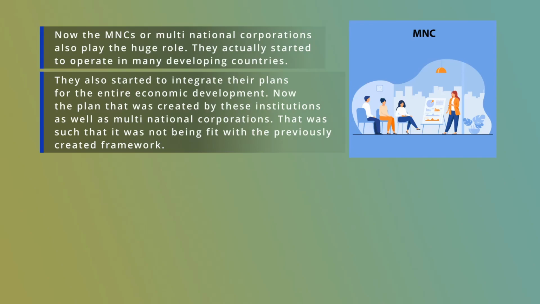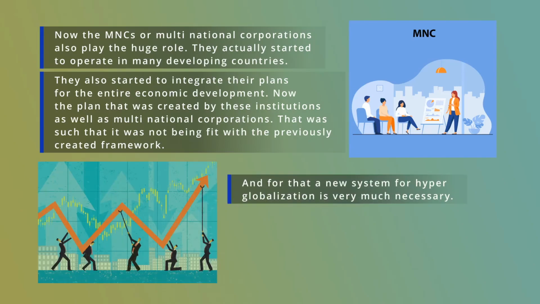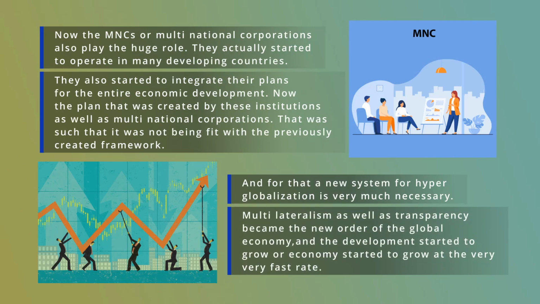Now, the plan created by these institutions as well as multinational corporations was such that it did not fit with the previously created framework, and for that a new system of hyper-globalization was very much necessary. Multilateralism as well as transparency became the new order of the global economy, and the economy started to grow at a very, very fast rate.